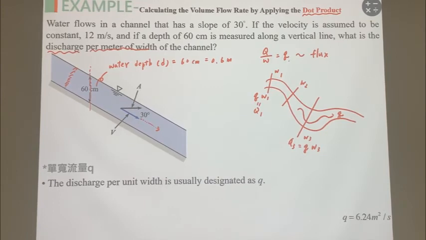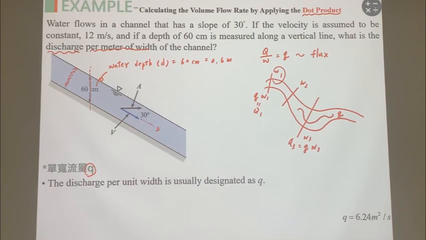So usually hydrologists and engineers always use the small q, not the capital Q, because with different cross-section areas the discharge will change a lot, as we have different widths. So in here, the question requires you to answer how large the discharge is per meter of the width. But again, we still need to know the Q value first.